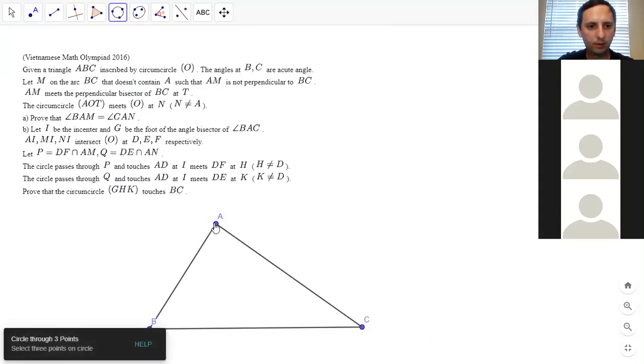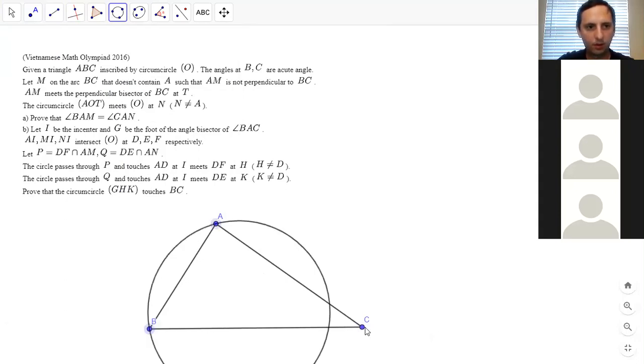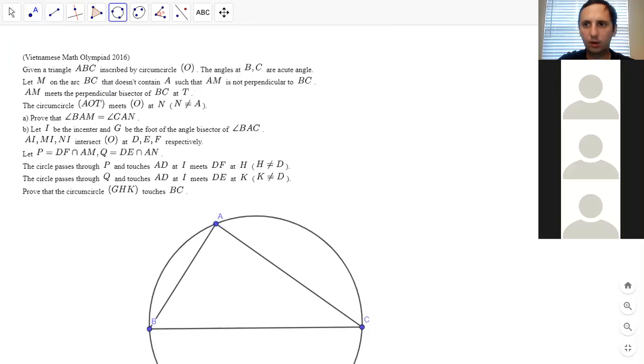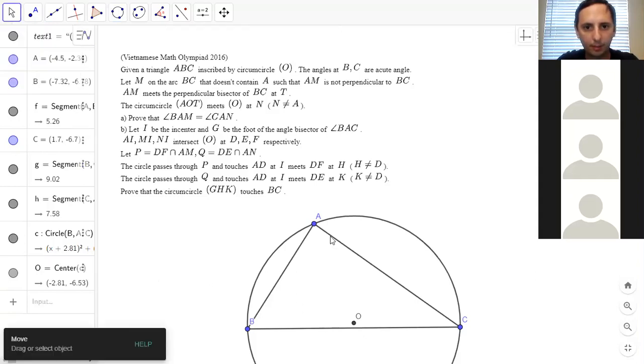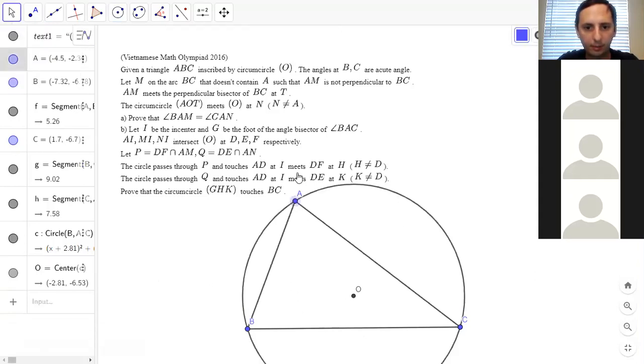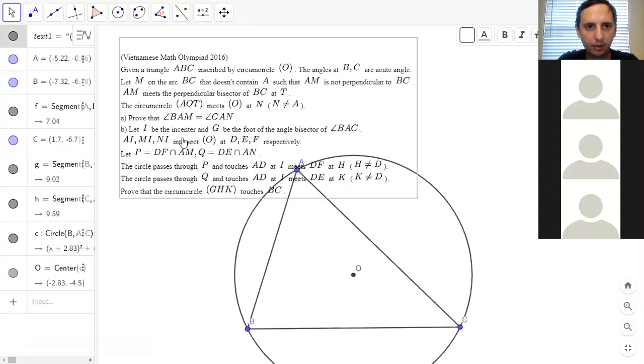Let O be the center. And M is on arc BC, so that AM is, okay, so M is like any point on arc BC.